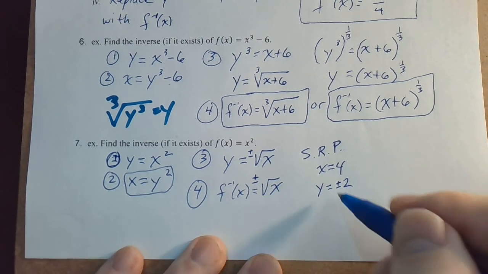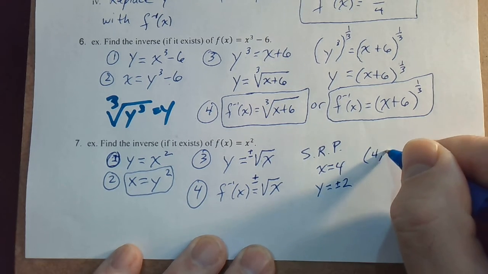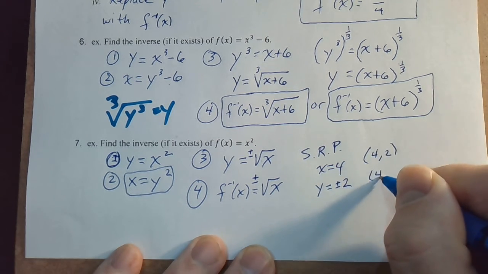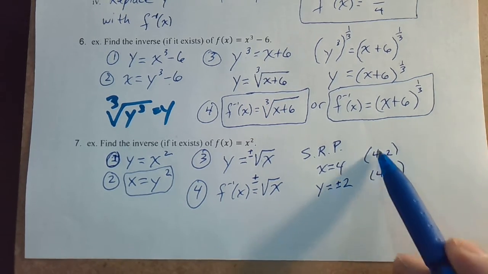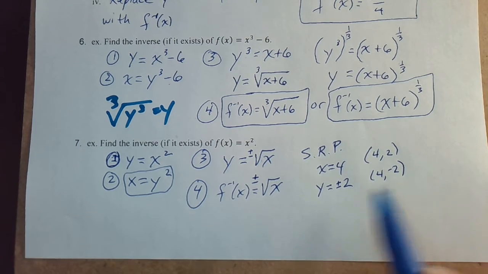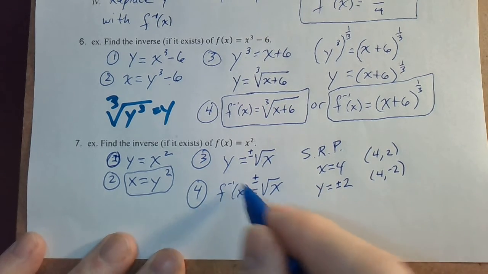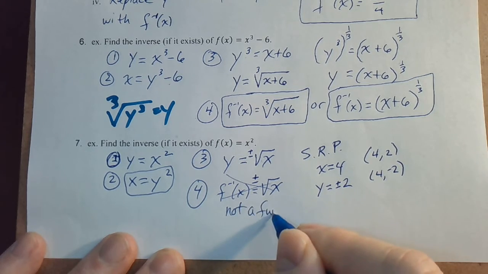So 2 ordered pairs here would be (4, 2) and (4, negative 2). We have 2 ordered pairs with the same first component and different second components. So this is not even a function. I'll just make a note: not a function.